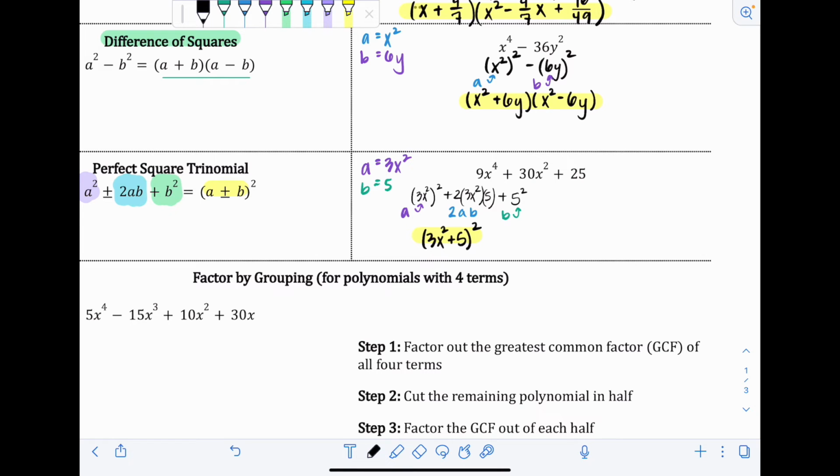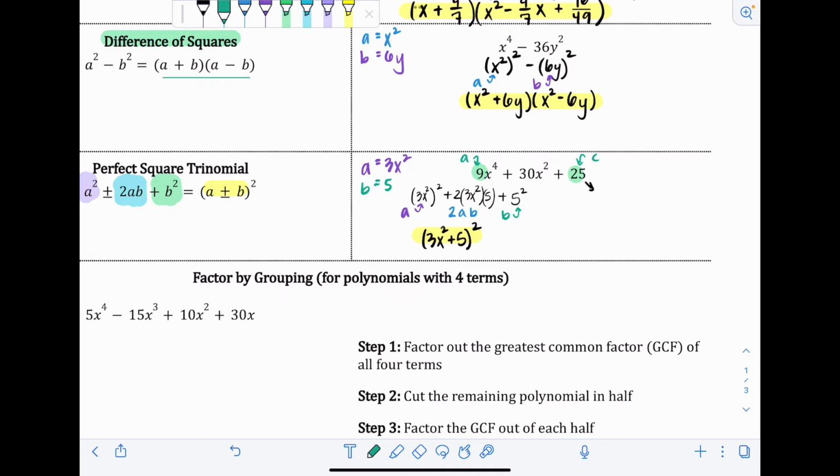So let's see. I don't have a GCF I can pull out, and A is not 1, so I have to take A and C and multiply them together. So it would be 9 times 25. It's 225.